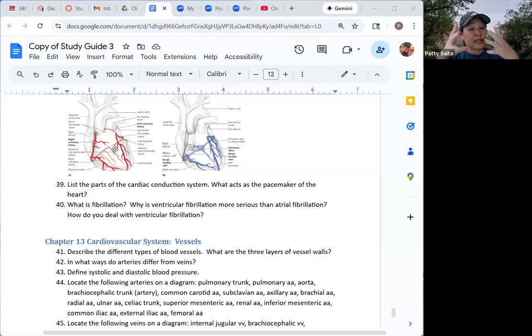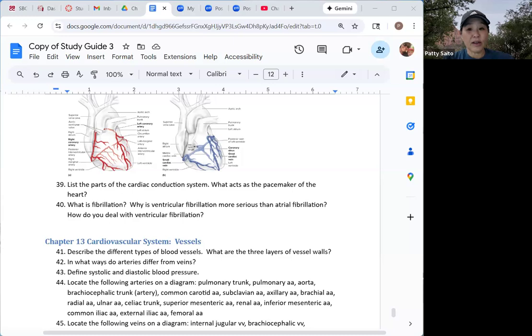You have to contract the atria first to squeeze blood into the ventricles, and then the ventricles contract after the atria. If they all contracted on their own, willy-nilly, then you won't be able to push blood out of the heart. So there has to be a way to regulate that.